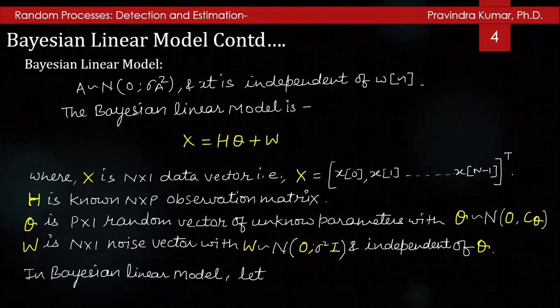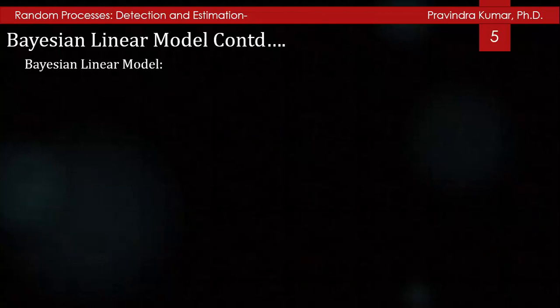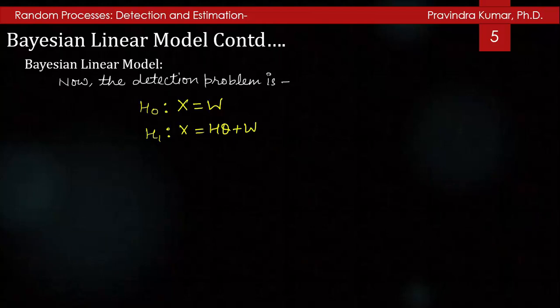In the Bayesian linear model, let the expected value of theta be not equal to 0 and the covariance be arbitrary here. Now the detection problem can be expressed as two hypotheses.